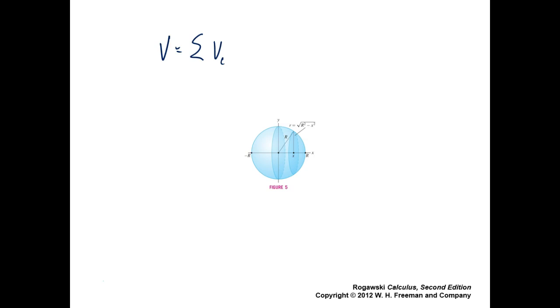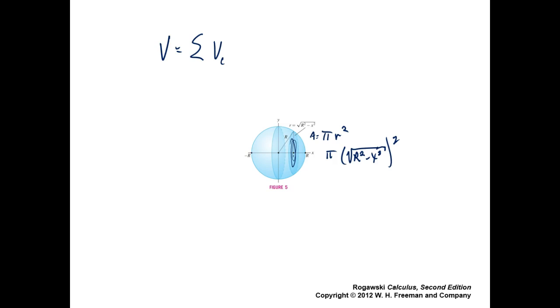What's the area? Area of this circle right here. The area is pi little r squared. But little r is the square root of capital R squared minus x squared, all squared.